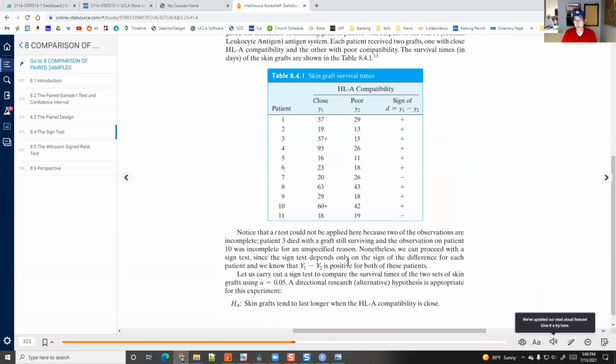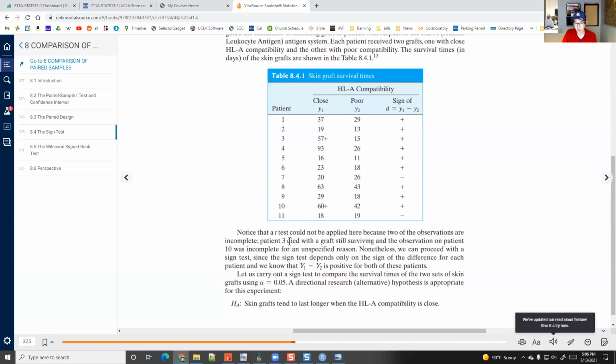Part of the reason why we would want to run a non-parametric test in a case like this is because in some of the cases the value is long or incomplete, right? And so it says that a t-test cannot be applied here because 2 of the observations were incomplete.